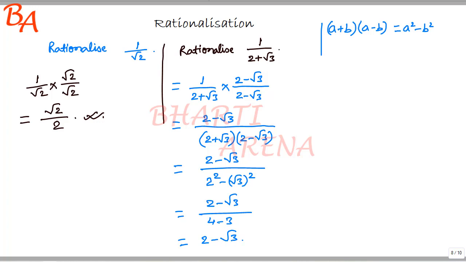So thus the square root from the denominator has been eliminated, and thus the rationalization has been done. This is the way by which we rationalize numbers.